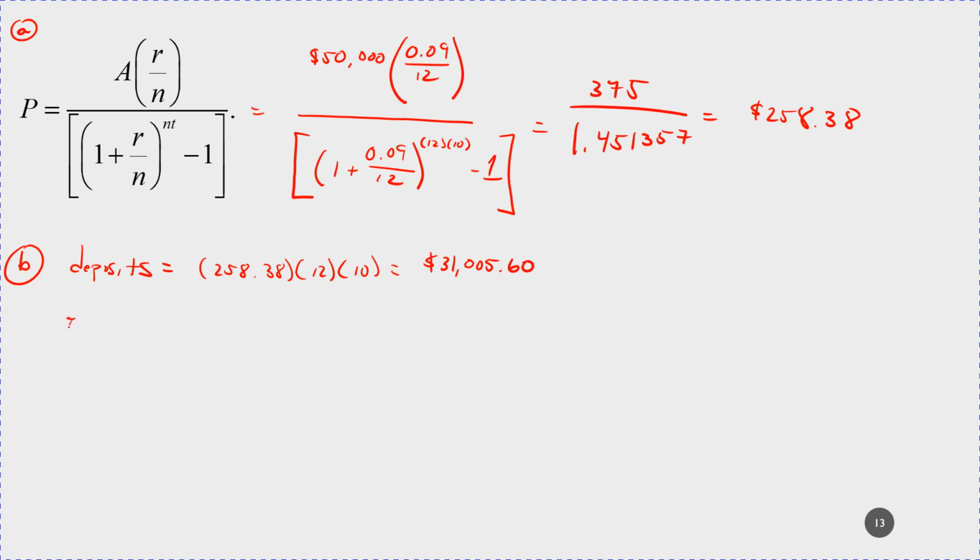Then to figure out how much you made in interest, take the $50,000 total you had and subtract away your deposits. So it's down payment minus deposits.